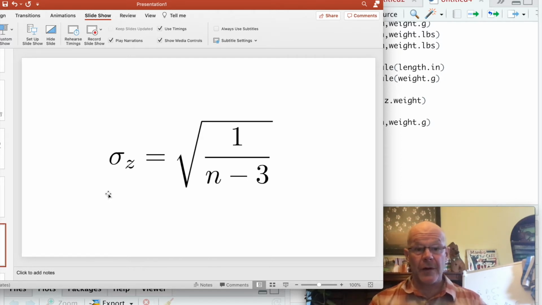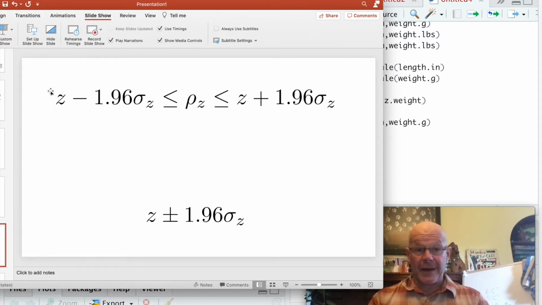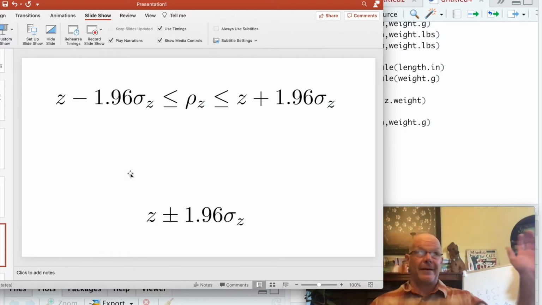And so here we will take any of our given values of r, our given value of r after we've done our Fisher's r-to-z transformation, and we're going to take the standard deviation of that estimate and multiply it by 1.96. Actually, it would be 1.955, whatever it is.